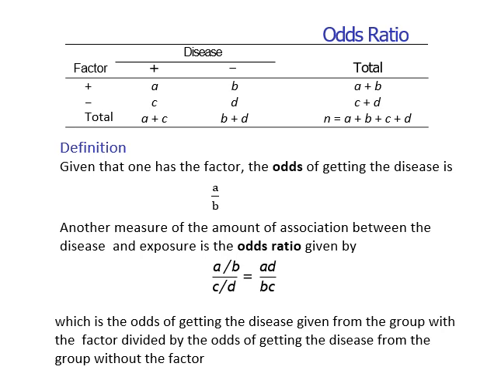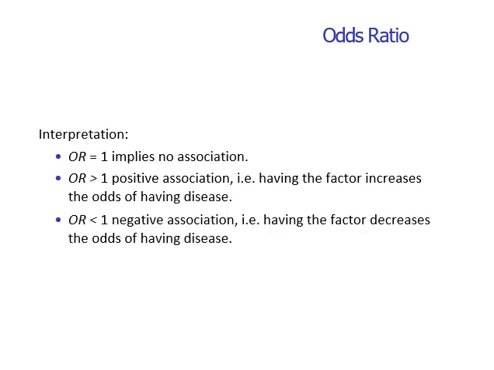Of course, very often if you have all the numbers, you can report both the relative risk and odds ratio. In fact, the real case scenario often lies in between the relative risk and odds ratio. Okay. So odds ratio can be seen as the lower end of relative risk. The interpretation of odds ratio is the same as relative risk.